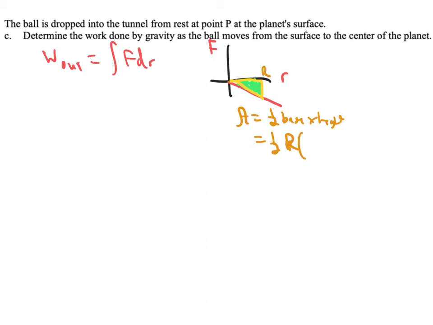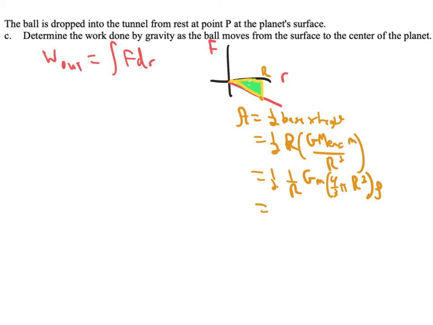And the height is the force at that point, which, as we said before, would be G times the enclosed mass times a little mass over R squared. So we have 1 over R squared here, Gm, and the enclosed mass would be 4/3 pi big R cubed times rho. There's a minus sign because the force here is negative.